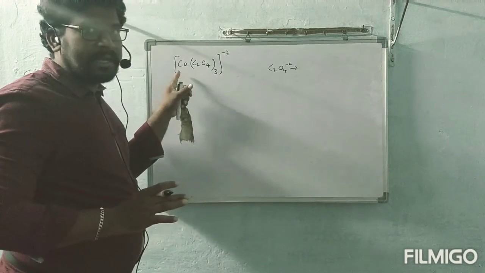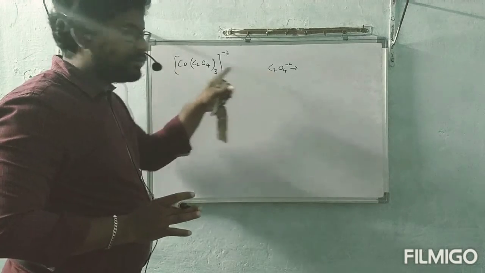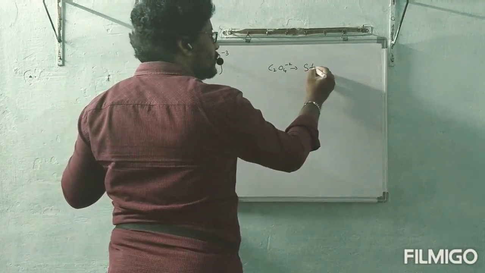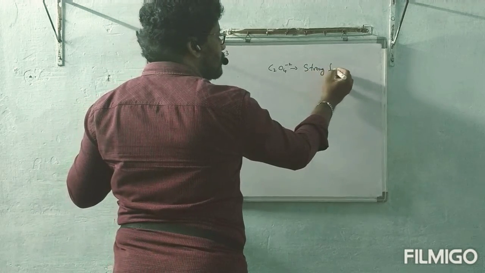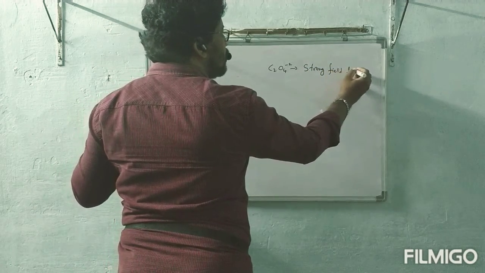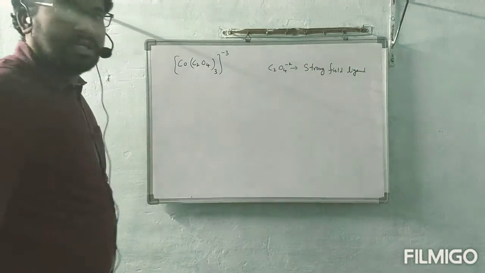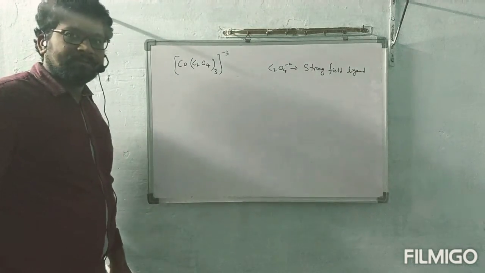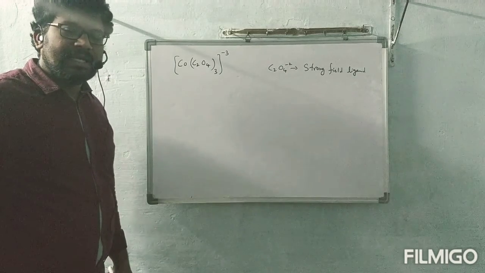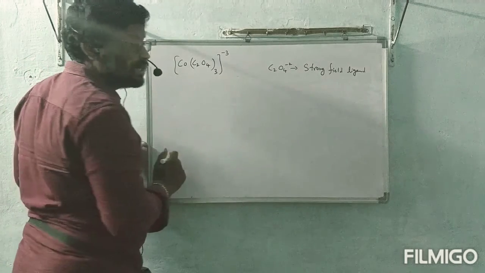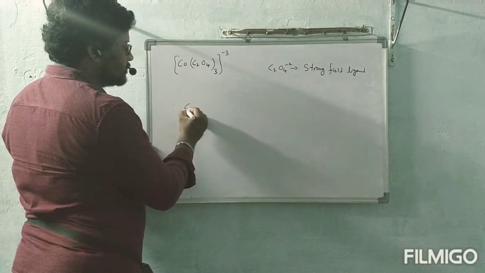But with cobalt only, C2O4 minus 2 is acting as a strong field ligand. That reason also I will check, and I will say C2O4 minus 2 with cobalt alone is acting as a strong field ligand. Then in this complex, what is the oxidation state of cobalt?